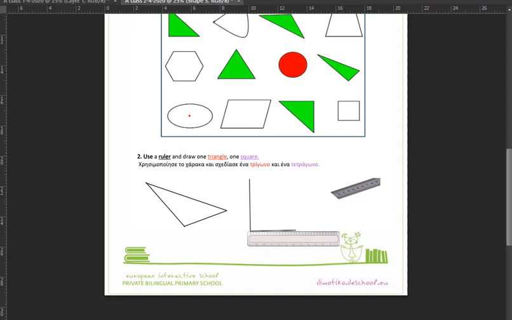And then I would take my ruler, turn it, place it here. Make another line that comes to about the same height as this line, and then just close it off. And there you go, that's your square.